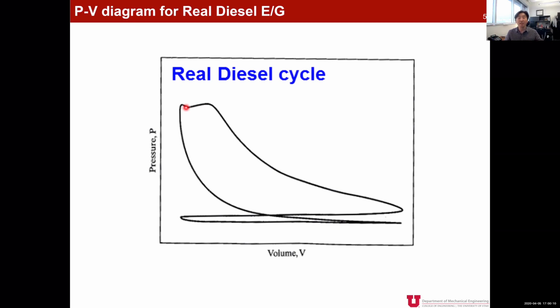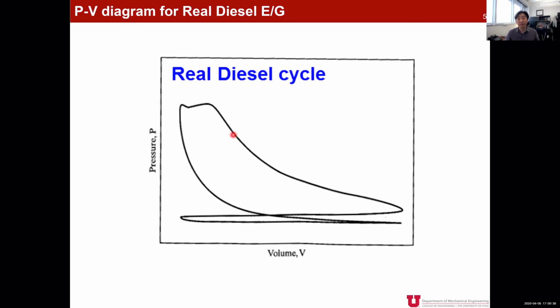That means it needs a certain amount more time to complete the combustion process. So as you see here, during the combustion process, pressure stays at almost the same value while we have more expansion of the volume, because it needs more time to complete the combustion process in the compression ignition engine.